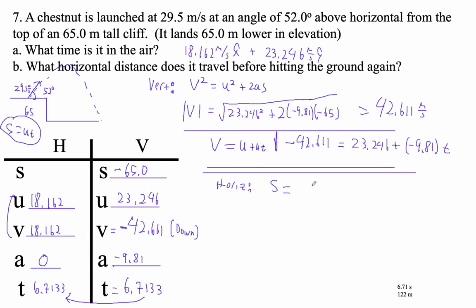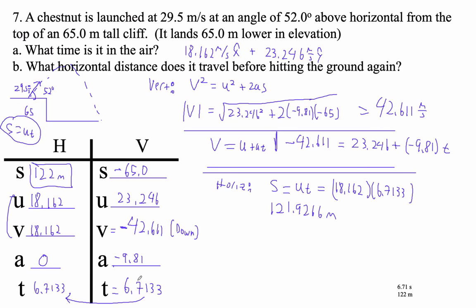So S equals UT is equal to 18.162 times 6.7133, which is 121.9266 meters. So it's 122 meters is how far it goes.